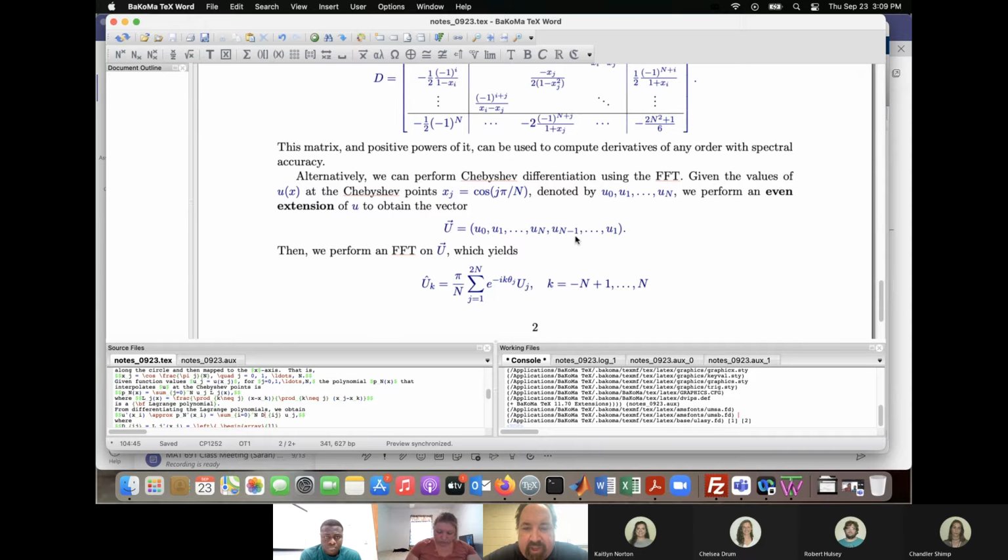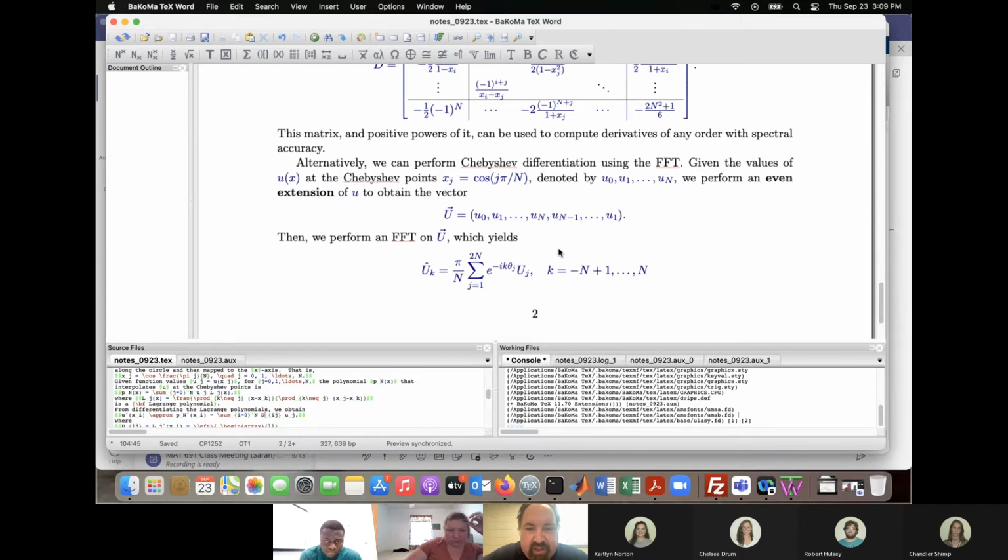Because when you do a reflection like this, the resulting function, the even extension, is continuous. So you can take a Fourier series of it. Also, it would turn out to be 2 pi periodic. That's the important thing.